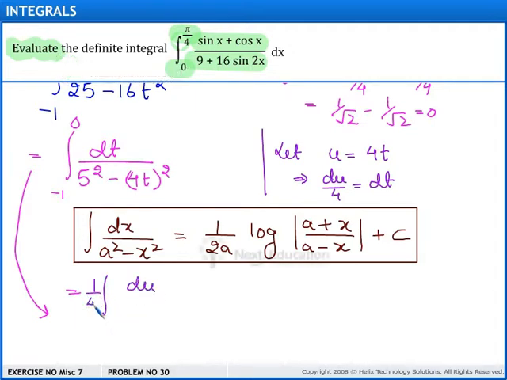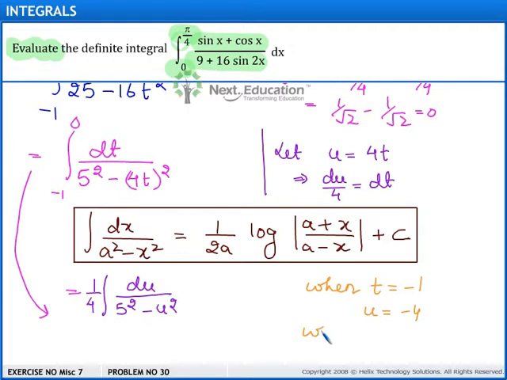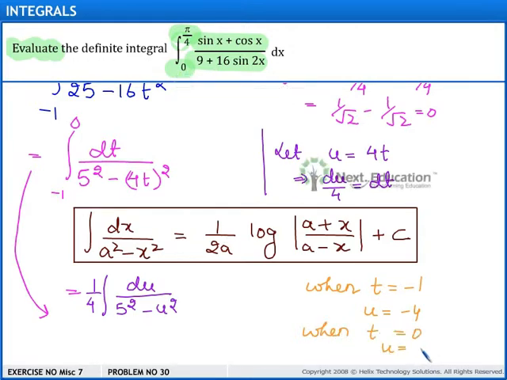So this integral can be written as, taking 1 upon 4 outside the integral, du divided by 5 square minus u square. When t is equal to minus 1, then u is equal to 4 into minus 1, that is minus 4, and when t is equal to 0, then u is also equal to 0. So the lower limit is minus 4 and the upper limit is 0. And here a is 5.